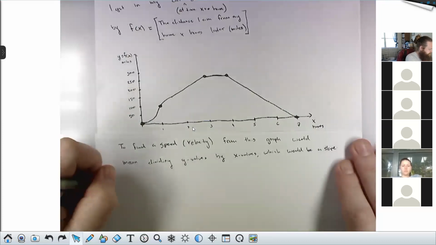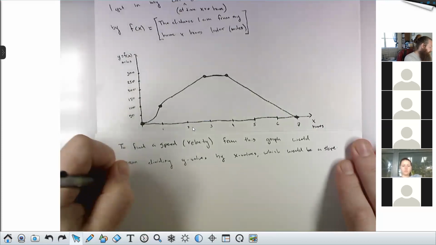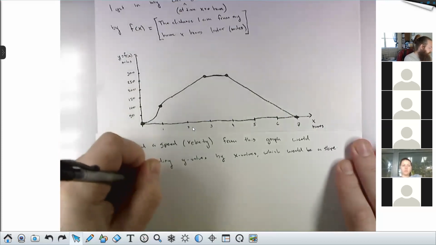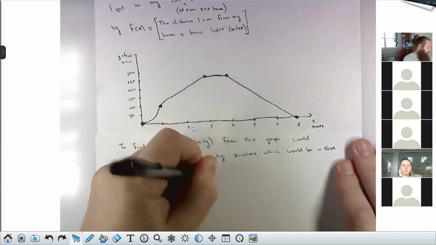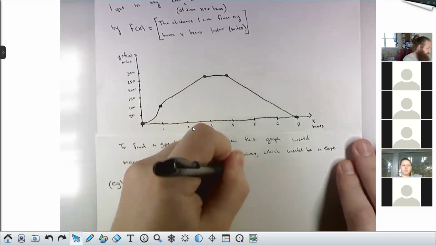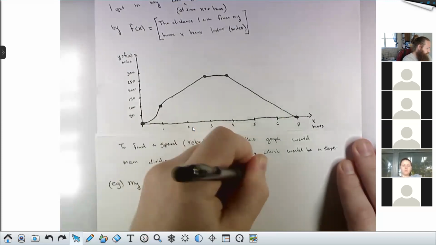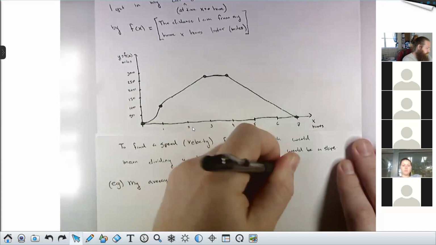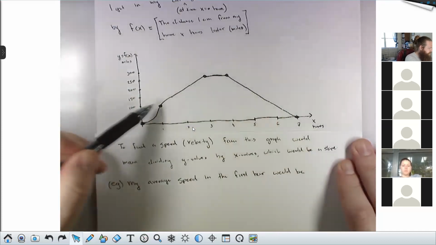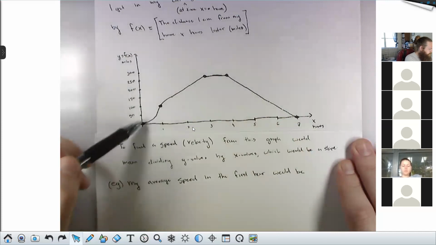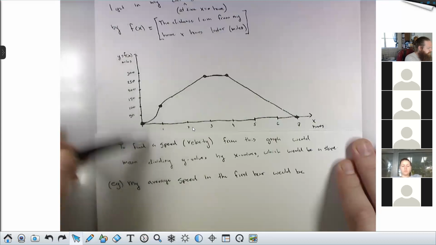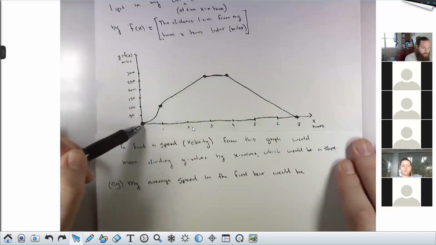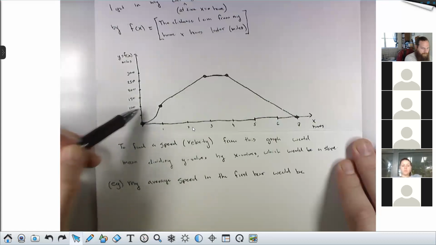For example, my average speed in the first hour would be the y value here minus the y value here over the x value here minus the x value here, right? How far have I gone in that first hour? Well, I started at home, 0 miles from where I set off, and I ended up 100 miles away.